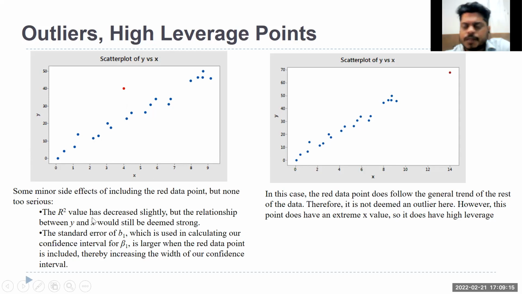So generally the idea is, create a model using all the data points, then create a model removing those outliers, and check whether there is a difference in R-square value. Let's say in this particular case, I'll delete this data point and create my regression model, then I'll include this data point and create my regression model, and compare my R-square value, whether there is any significant change.